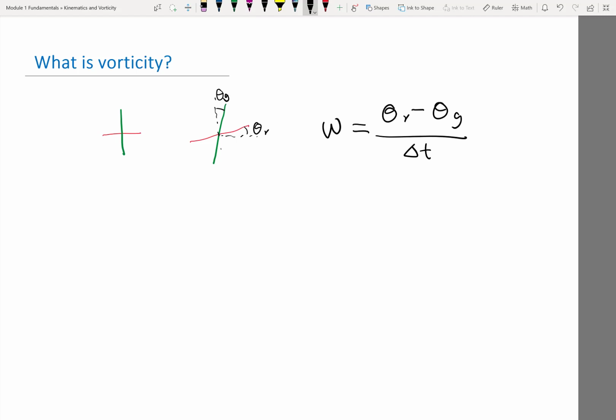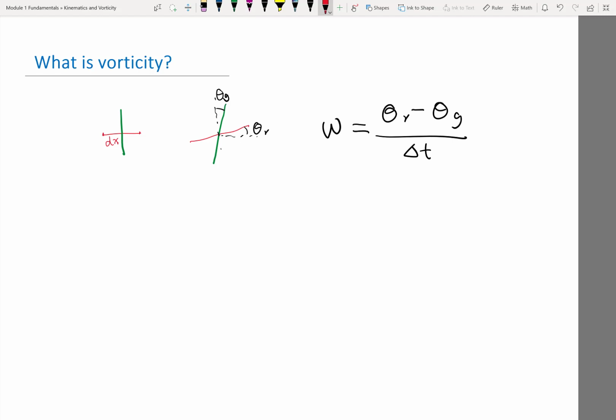So let's get a little bit more mathematical. What is this angle exactly? Let's look at the red angle first. Imagine the length of this red line is dx, and I said it's very small.